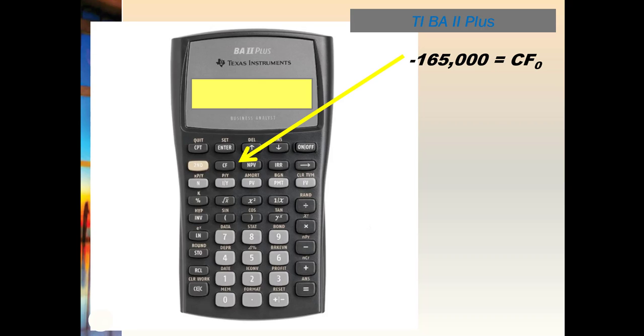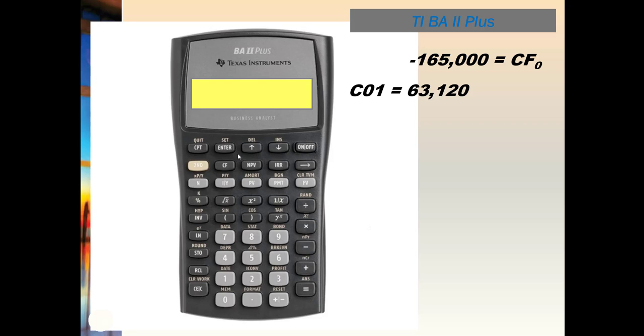You press the CF button first, and you enter 165,000 and press the negative sign, and save your entry by pressing the enter key. Here comes the first cash flow.